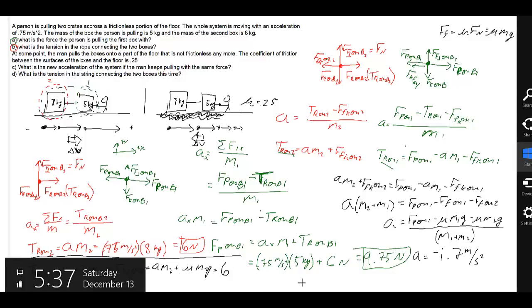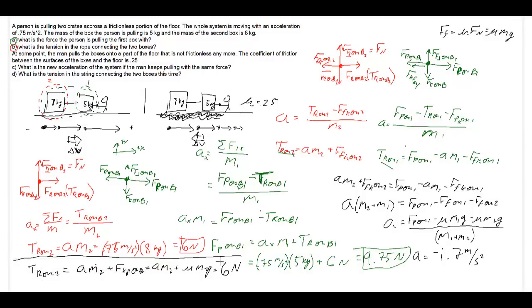So again, just to reiterate some good steps for solving these problems. So problem solving strategy, and I did give you this problem solving strategy already, but take a look at it again. Step 1 obviously is draw a picture. Step 2, draw diagrams, either motion or force diagrams, whatever you need.